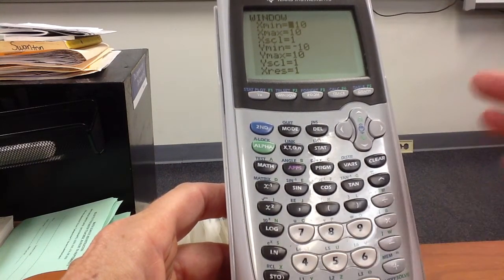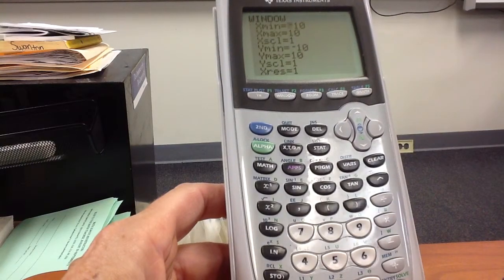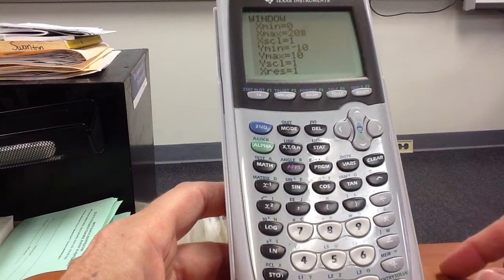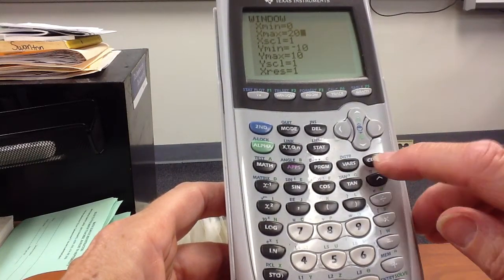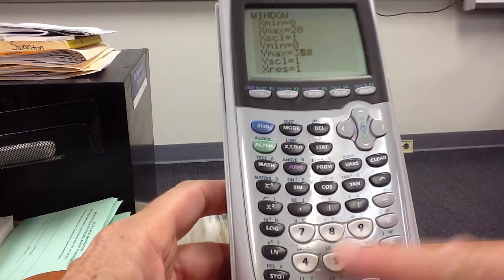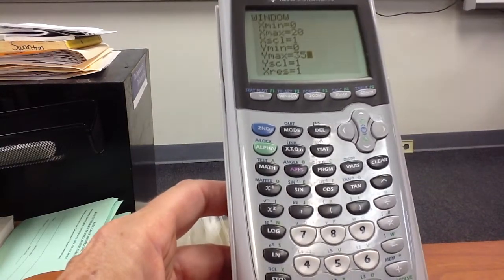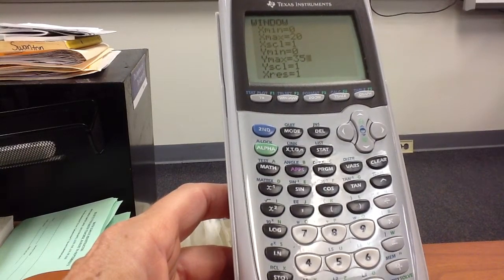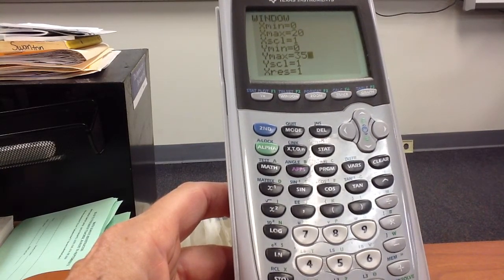So I'm going to, just so I have a little wiggle room on either side, set mine from 0 to 20 for my x's. And then my y's, I'll set from 0 to, maybe 35. Notice there's nothing precise about that at all. I am just trying to get all my data points inside of the window.